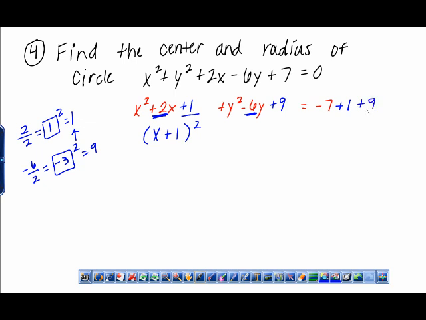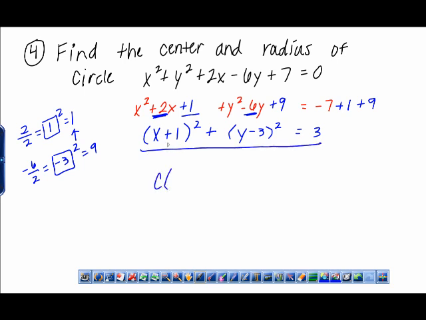I'll deal with the right-hand side in a minute. But y squared minus 6y plus 9 is the same thing as y minus 3 squared. If you box this, then it's really easy to know what that number is supposed to be, but you could also have factored. Negative 7 plus 1 plus 9 gives you 3. And so now I have it in the form that I want.